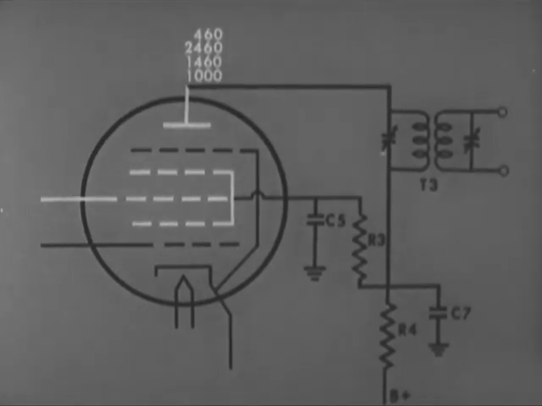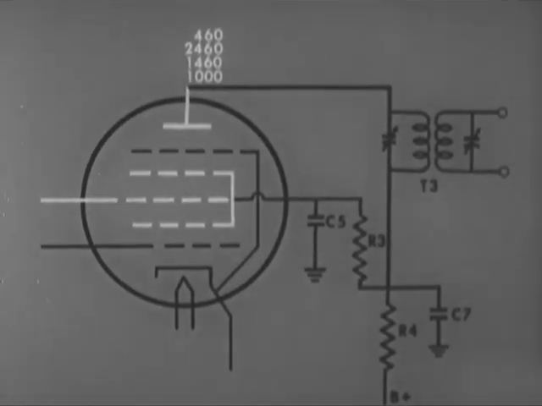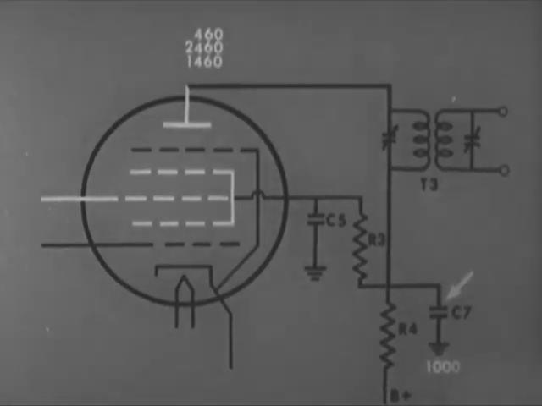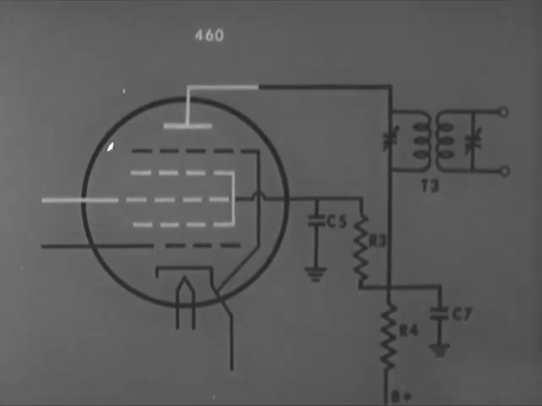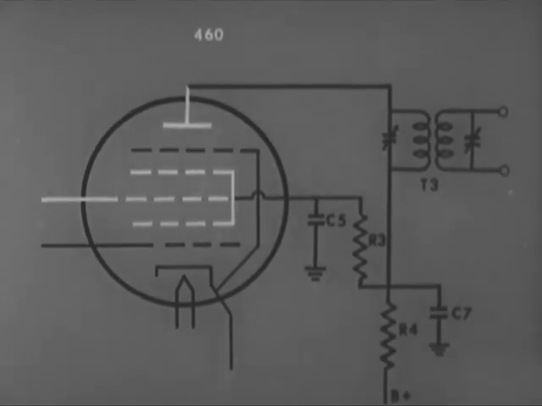One of them is. The 1000 kilocycle signal goes to ground through this capacitor. The 1460 goes to ground the same way. The 2460 is lost in the same manner. But the 460 kilocycles is our intermediate, or IF frequency, and it is the one we wish to use.